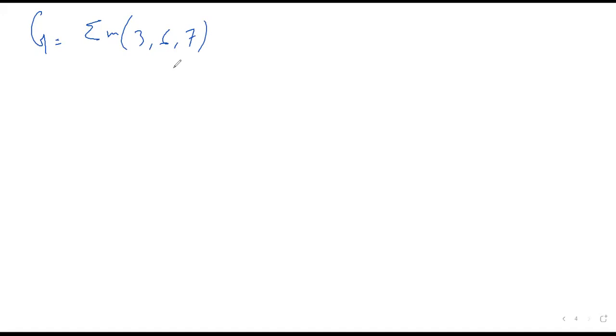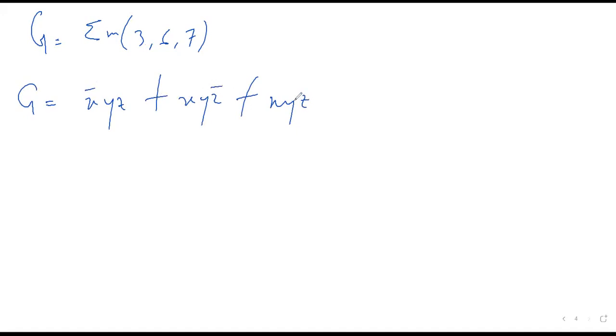What does it mean? G is equal to x bar y z plus x y z bar plus x y z. Just a minute. Let me first give you the answer, then I make explanations.